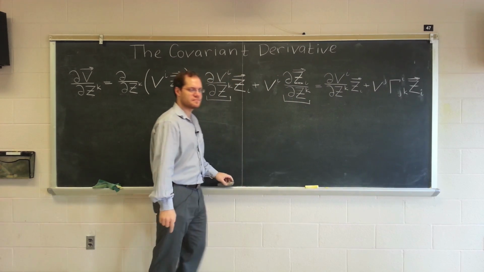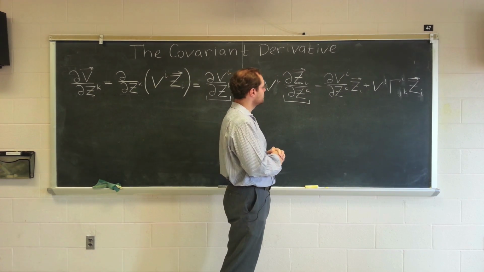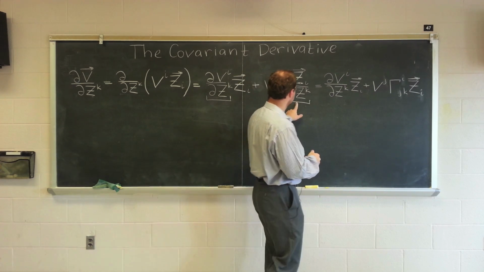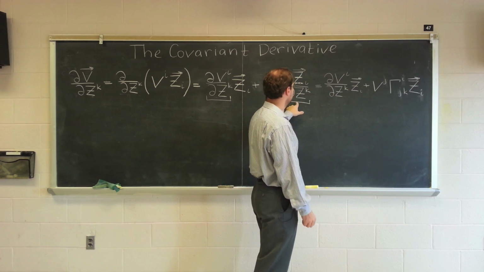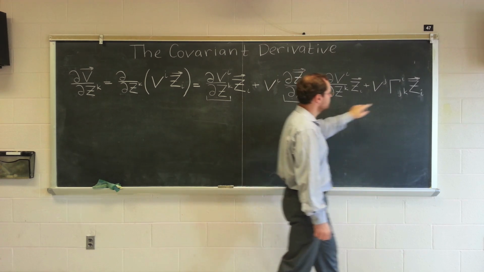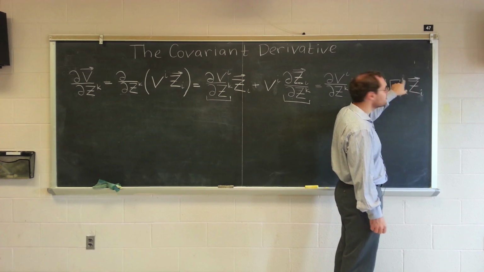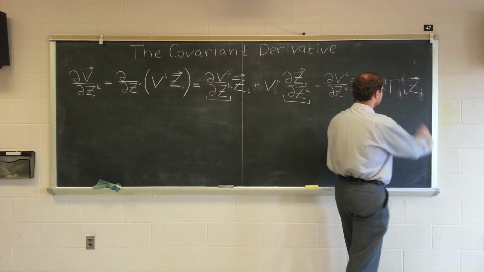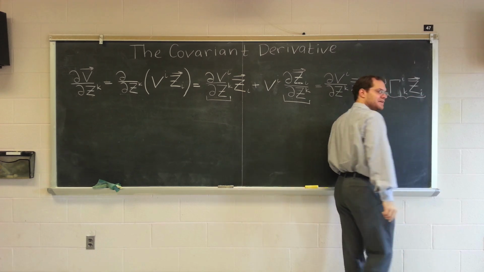Yes? Isn't that quantity that you have the line under, that's 9 vectors, right? That's 9 vectors, but that's 27 numbers, contracted with 3 vectors. So the I is in the contraction. So yes, this is 27 numbers, but this is still 9 vectors.